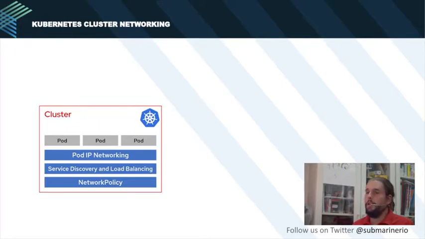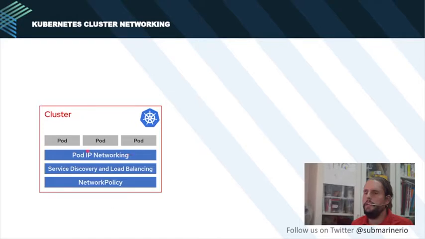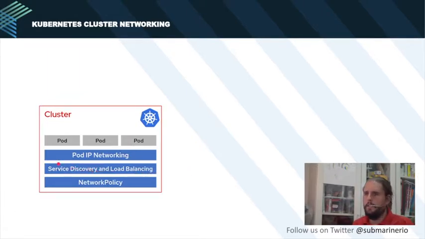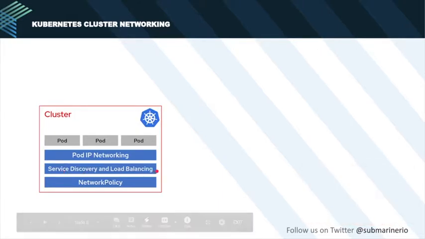Let me explain how networking works with Submariner. Let's see first how it works for just one cluster. In one cluster, you have your pods, and you have the IP addresses for your pods. They can communicate with each other and with services. They can discover each other and the services, use load balancing, network policies, and so on.